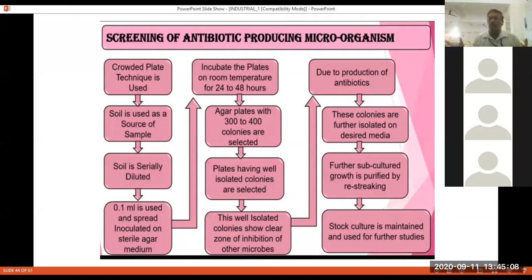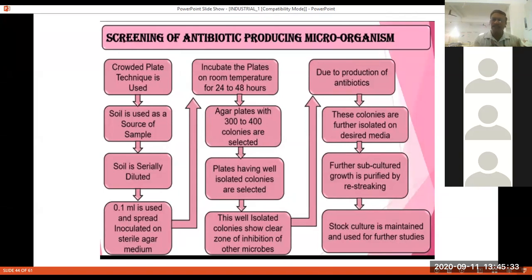Now all these microorganisms are present in various amounts. I'm not saying that every time, in the very first sample, you get the antibiotic producing microorganism. You may have to do these practicals 1000 times or even 20,000 times, and from those samples you get only 10 or 20 containing antibiotic producing microorganisms.